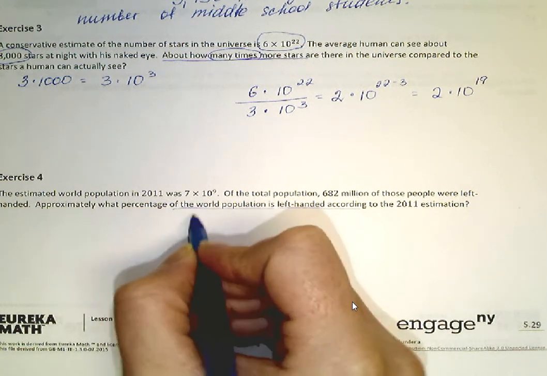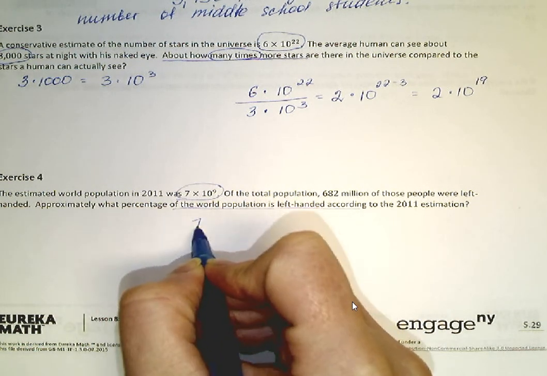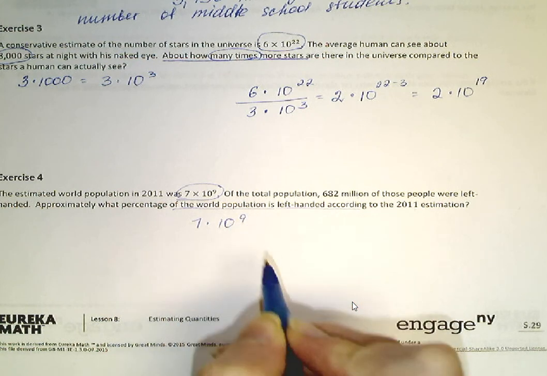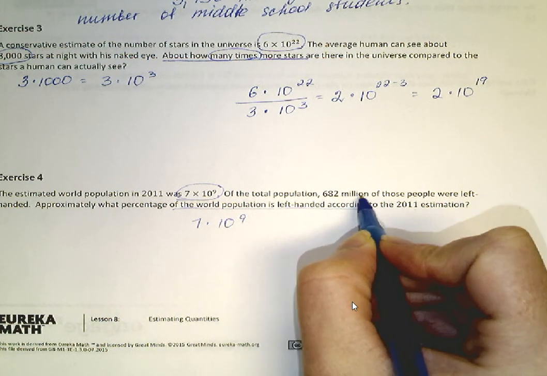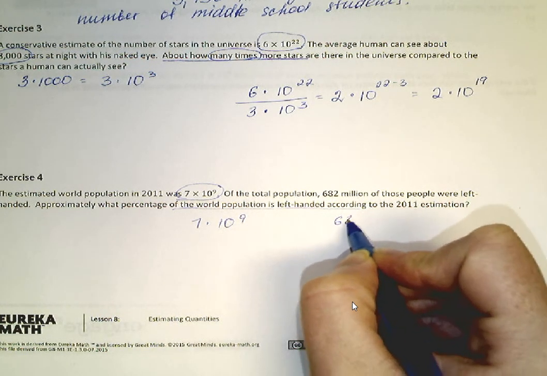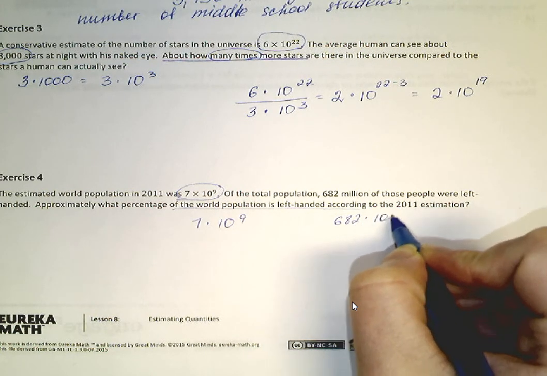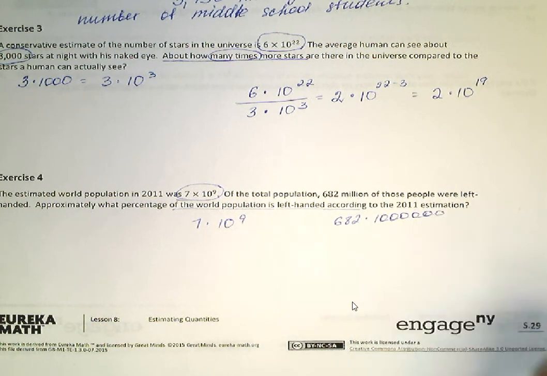So we have the world population is 7 times 10 to the 9th, and 682 million is 682 times million, right? And so what I want to do is, let me actually see how they're approximating it.